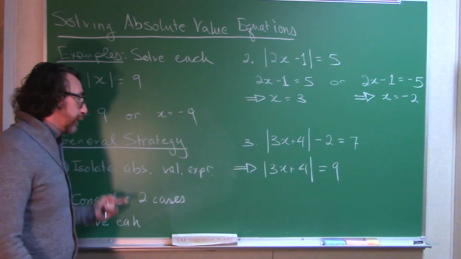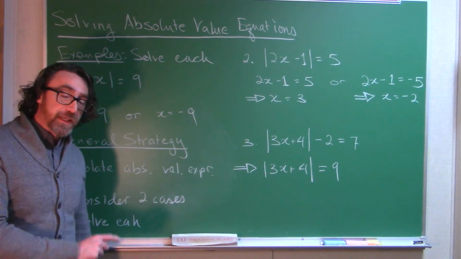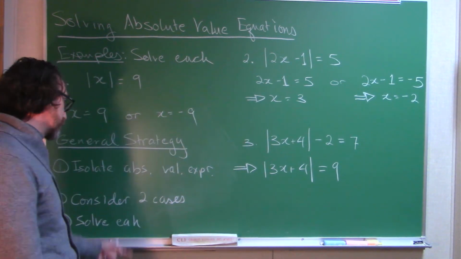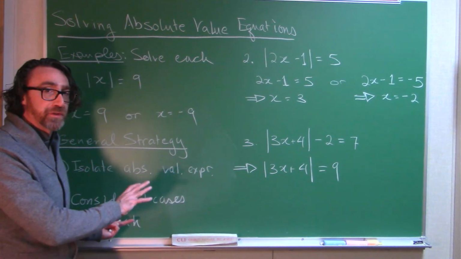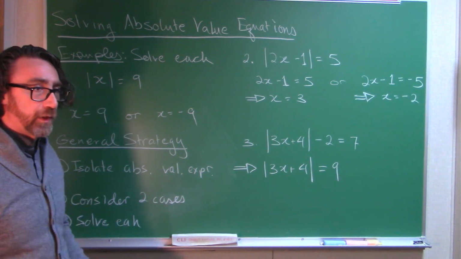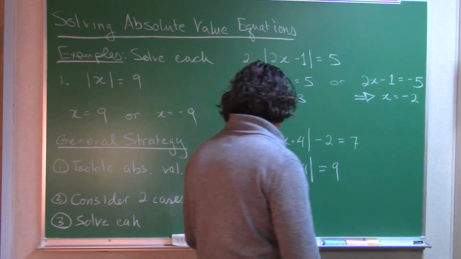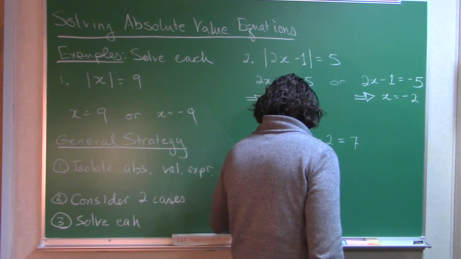And that is, in general, the first step we have to do is isolate the absolute value expression. Then we'll consider the two cases once the absolute value expression is by itself, and then we'll solve each of the cases.